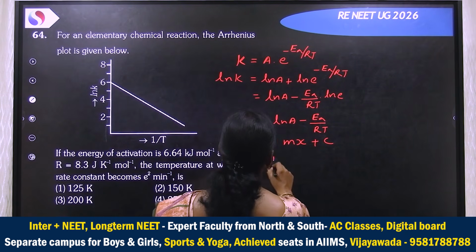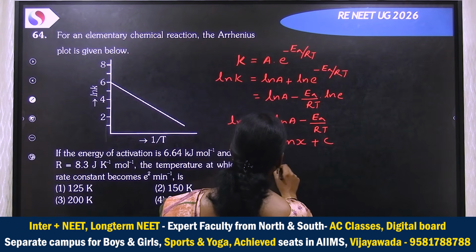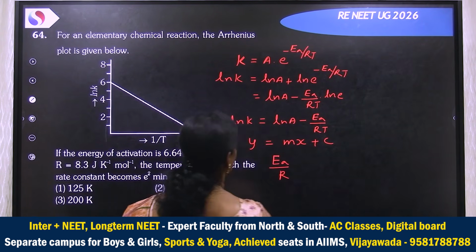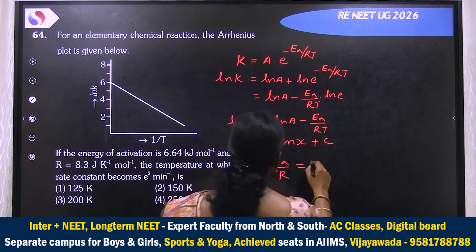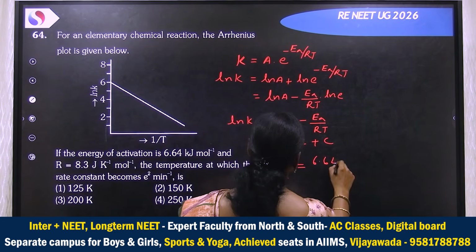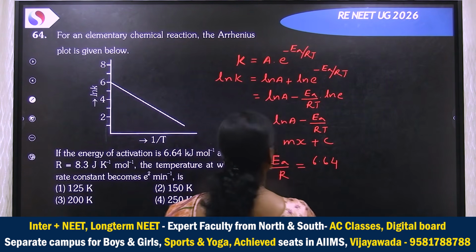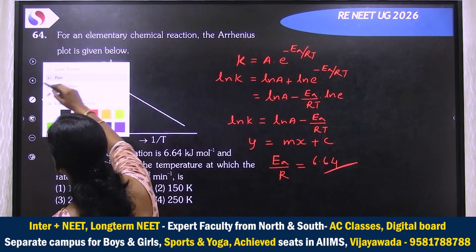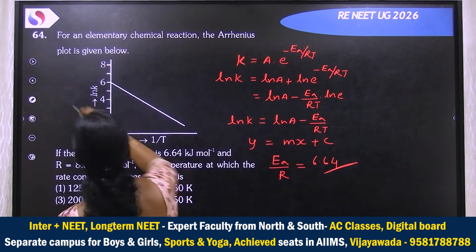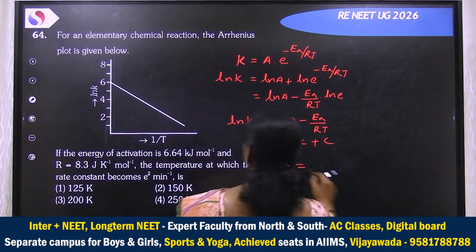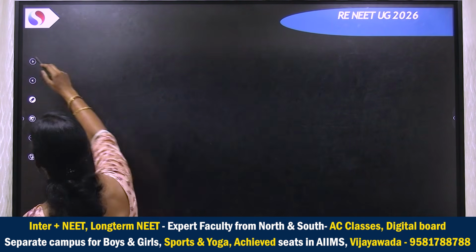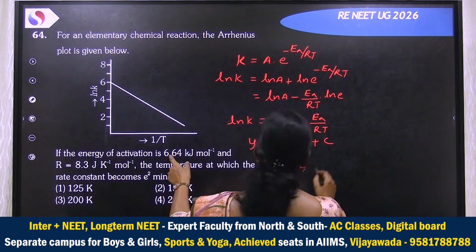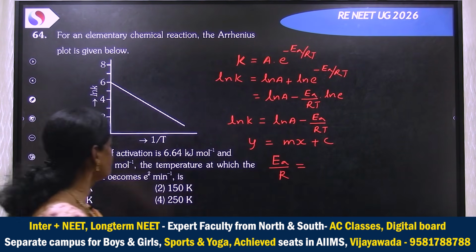So first I try to find the Ea by R value. Ea is 6.64 kilojoule. If I convert it into joules, multiply with 1000, so Ea equals 6.64 into 1000.